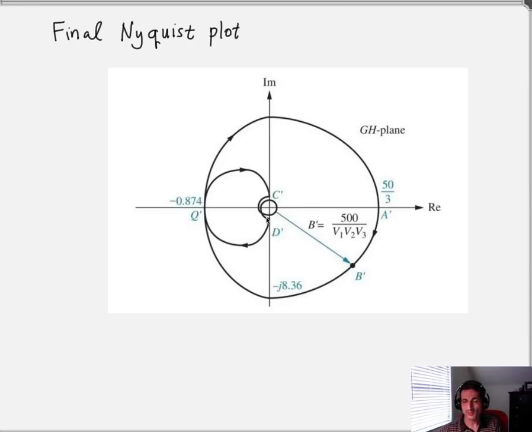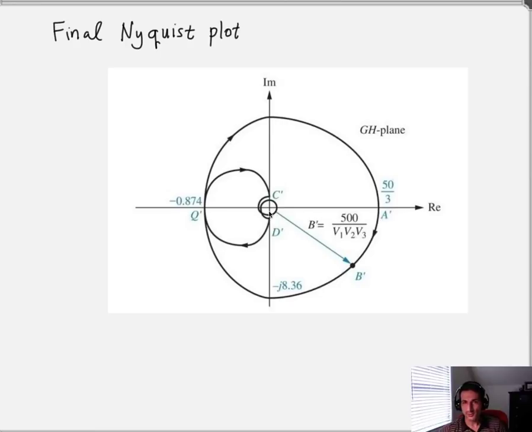Why is this important? Because you cannot simply connect point C prime directly to D prime. You have to travel 1.5 circle around this origin, eventually reaching D prime.